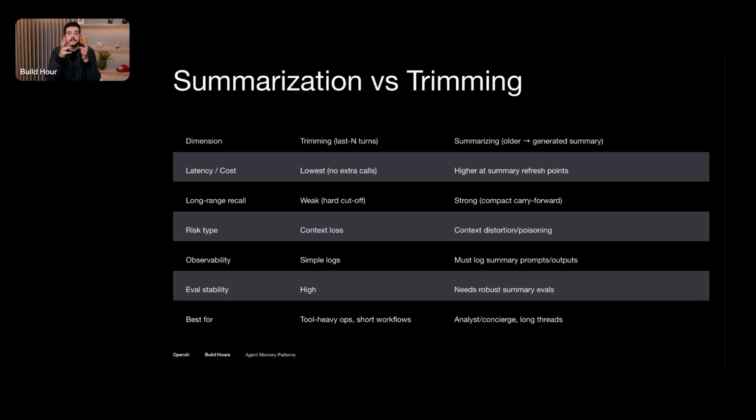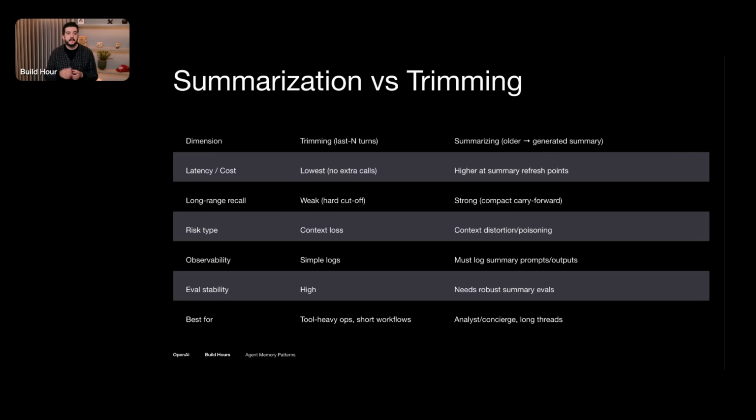And then in summarizing, you're keeping track of all the information, so you're not throwing away anything. This can add a little bit of latency and cost because you'll be doing another summarization call to a model, but you'll be collecting all the information. So you can think about an agent use case.